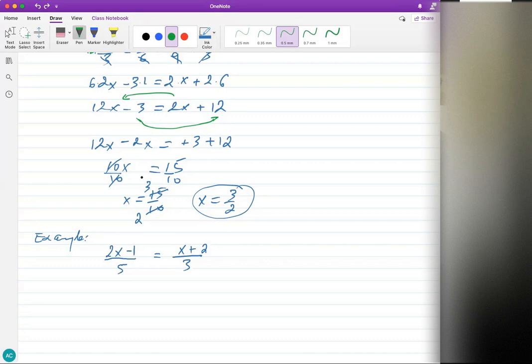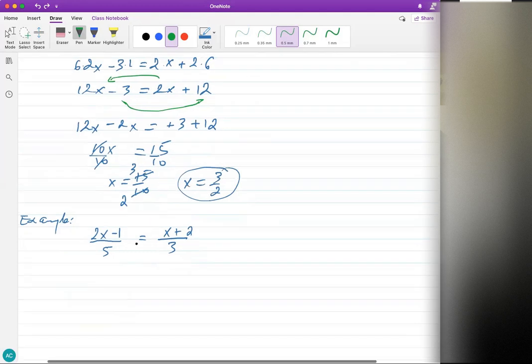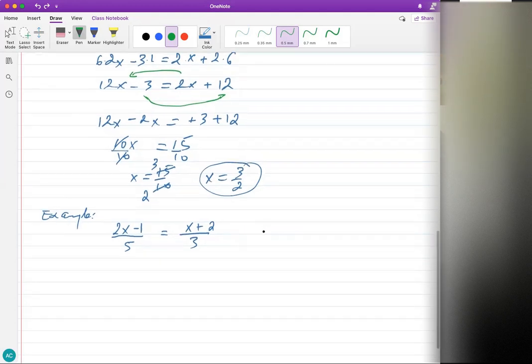Find the LCD and do exactly like this. It will be even shorter because we only have 2 fractions. Or let's say you don't want to find the LCD. What's the other method we can use here? Cross multiply. Exactly, that's right. So either LCD or we can cross multiply.